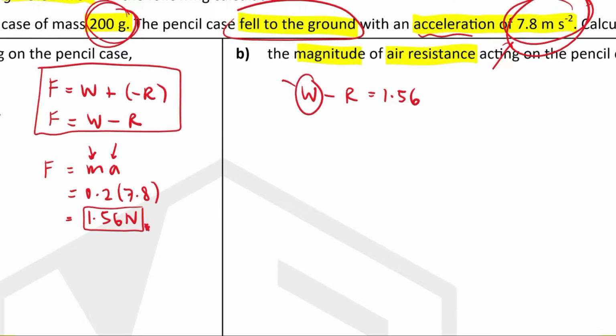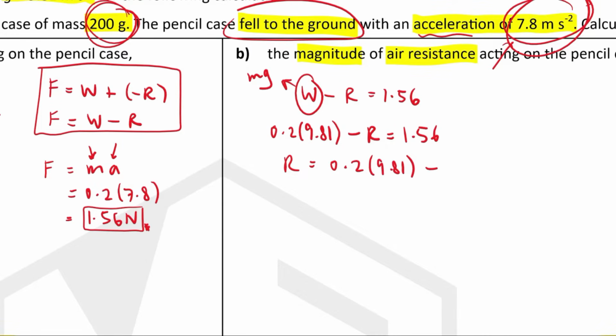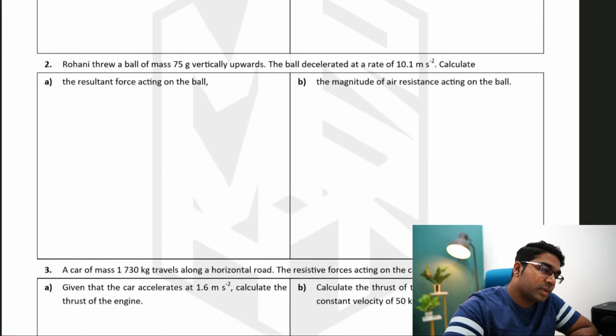Don't forget that W is equal to mg, so 0.2 times 9.81 minus R equals 1.56. That means R is simply 0.2 times 9.81 minus 1.56, and the answer is 0.402 newtons.